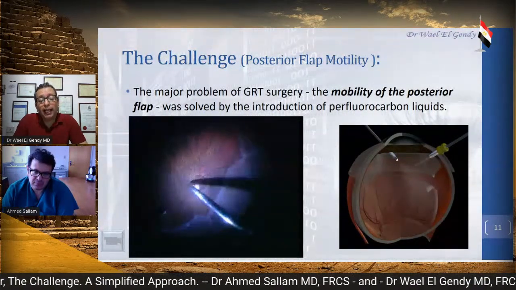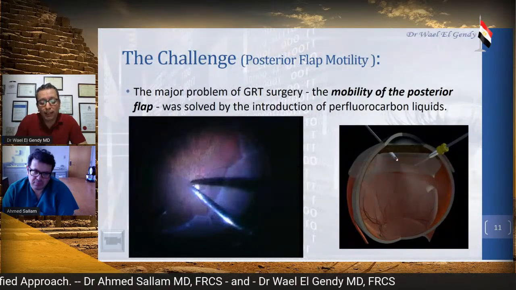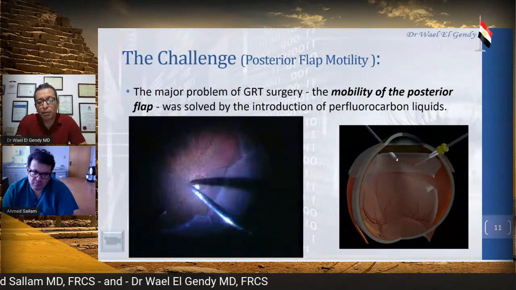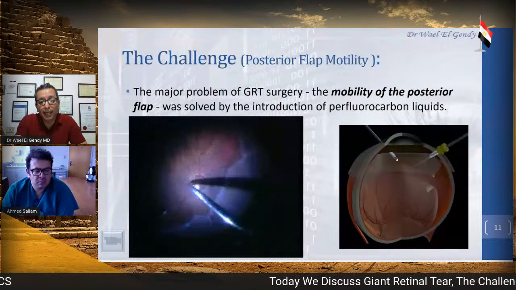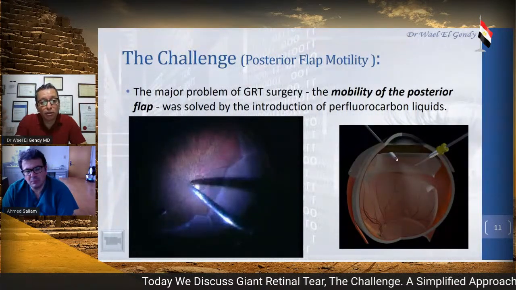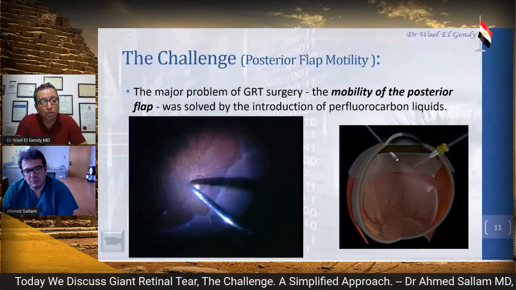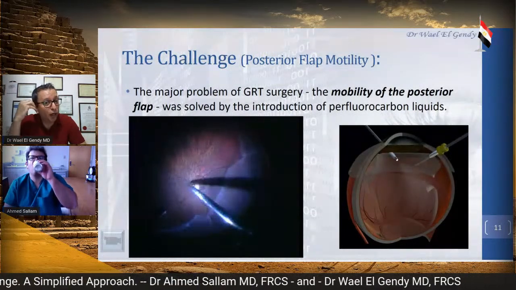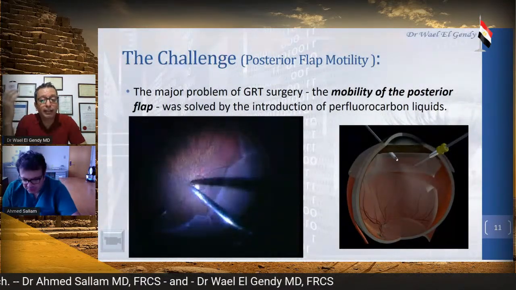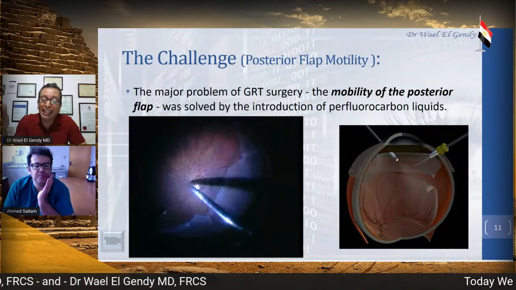Okay, yes, I would agree with you, because if the tear is posterior, then we have a very huge part of the retina that if we excise, we're also exposing a huge part of the retinal pigment epithelium, and we're going to leave it bare. We don't know what's going to happen after that.